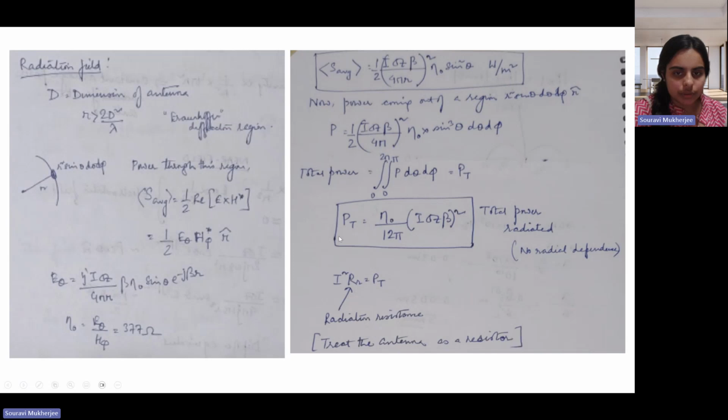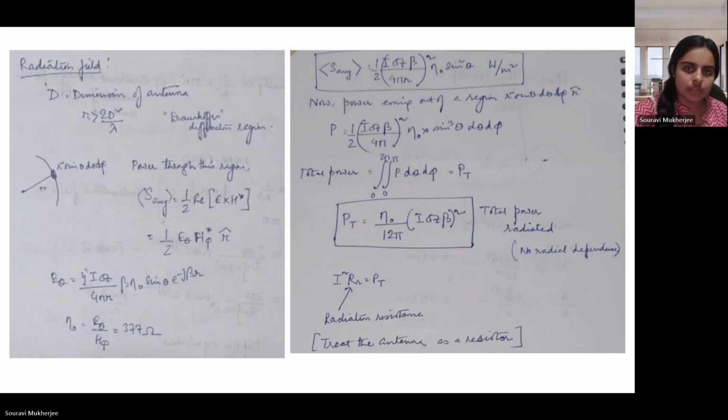Okay. And what you can do is analogously define a radiation resistance, where you treat your antenna as an effective resistor. In that case, you can write the power as I square R subscript R. This is called the radiation resistance, and if you compare from here, you can find the radiation resistances.